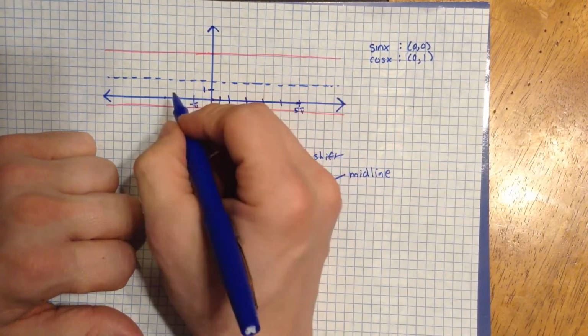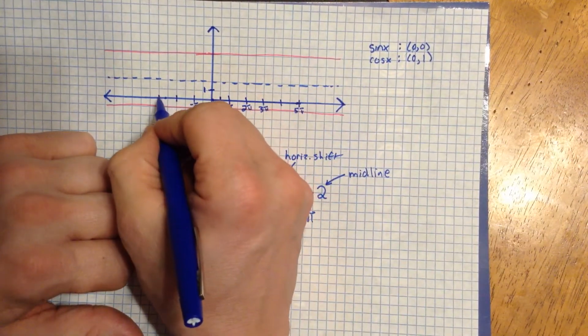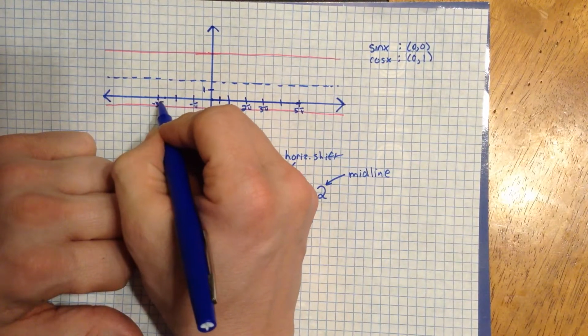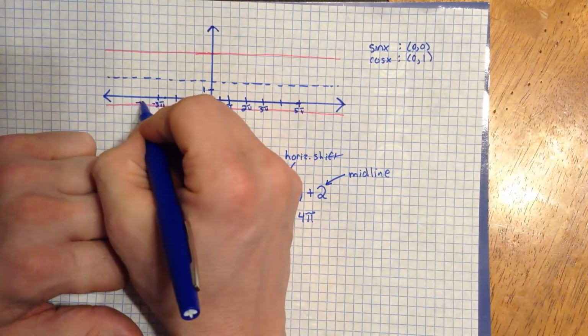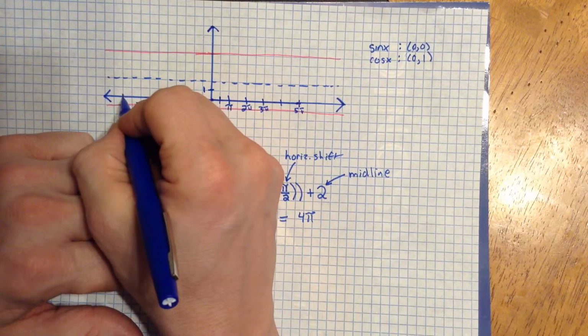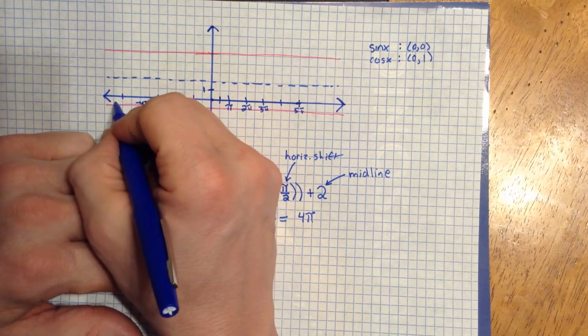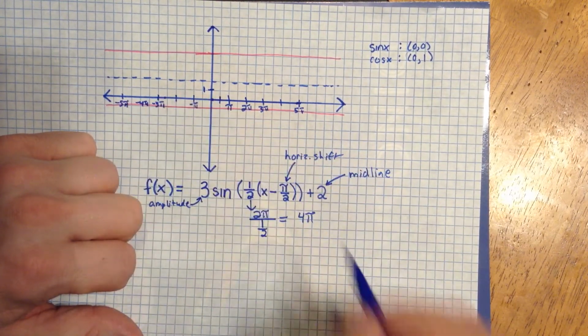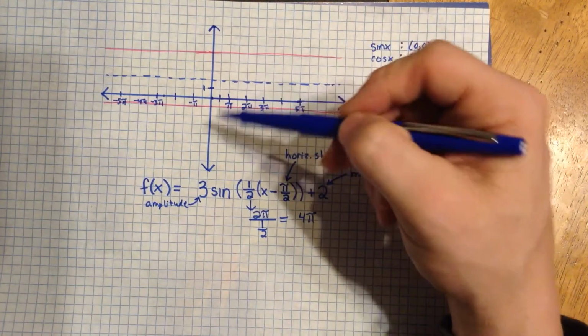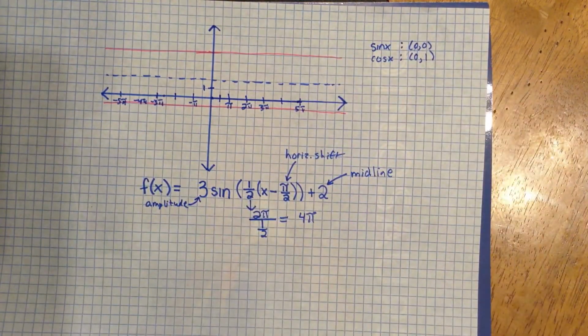If you're making your own graph, you can count by whatever you want. There's negative 3 pi, negative 4 pi, and then negative 5 pi. Okay, so we're counting by 1's on this axis, pi over 2's on this axis. It's going to make it pretty easy to graph that way.